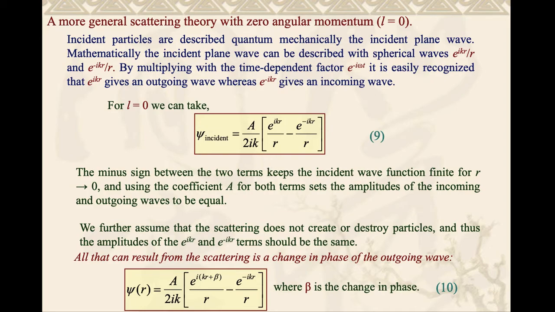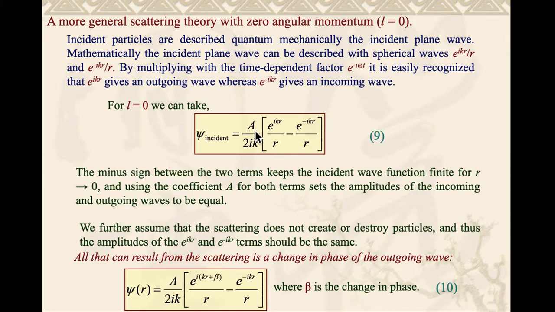Actually, you are considering it as a sine wave. If you want, you can write a sine wave using the equation e raised to i theta is cos theta plus i sine theta. So e raised to i theta minus e raised to minus i theta divided by 2i will give you sine theta. So that is a way of writing this one.